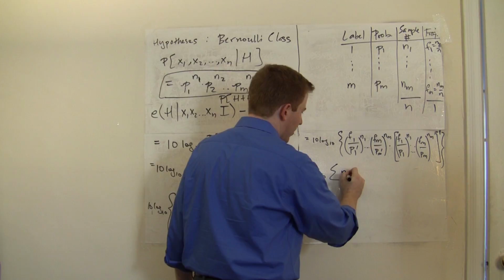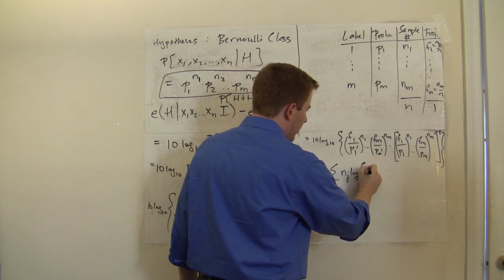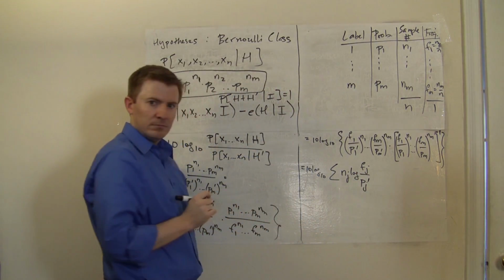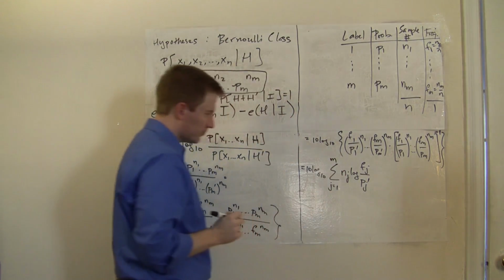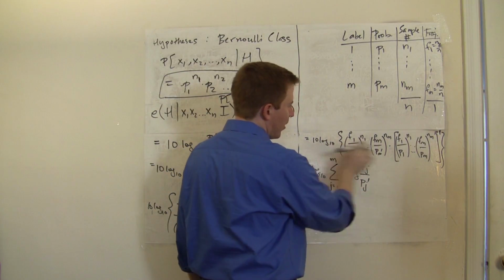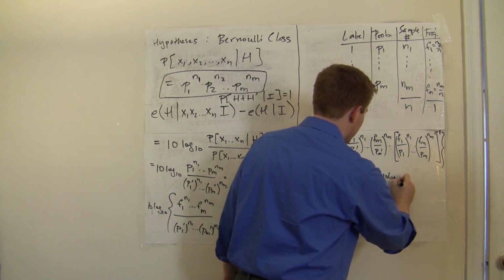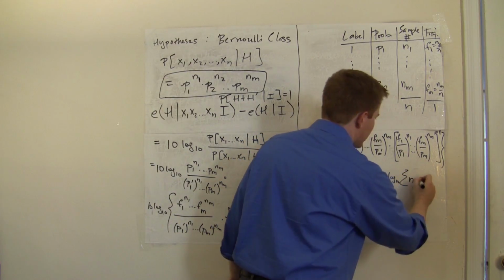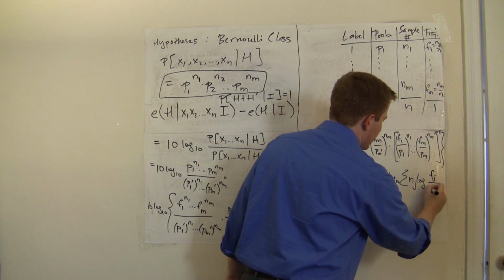So that's the sum from j equals 1 to m of nj log of fj divided by pj prime. And now we have minus something similar, because we have a log of something to the minus 1. So we have minus 10 log 10, the sum of nj terms with log of fj divided by pj.